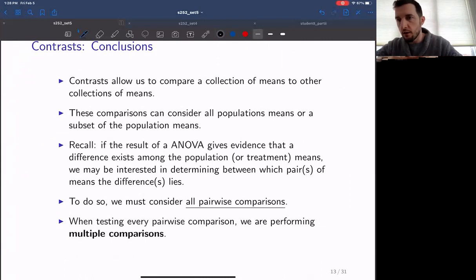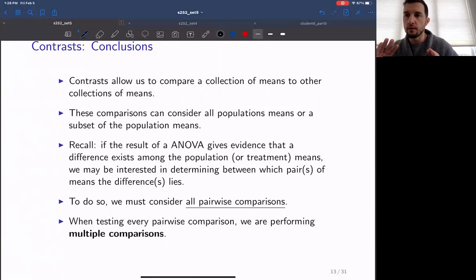When we conduct an ANOVA, if the ANOVA gives evidence to reject the null hypothesis, that means that we have found evidence that there is a difference among a set of means. So for example, in the minke whale experiment, there are 4 different treatment means.